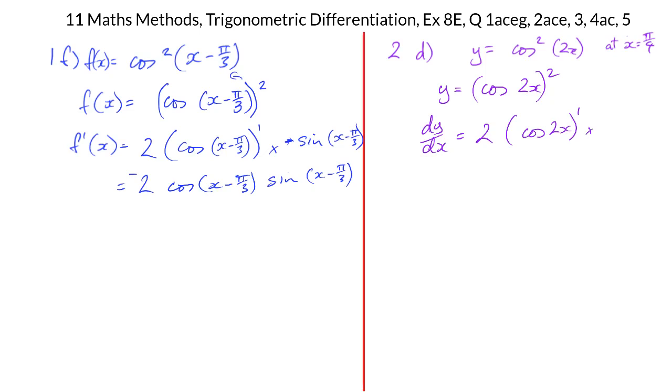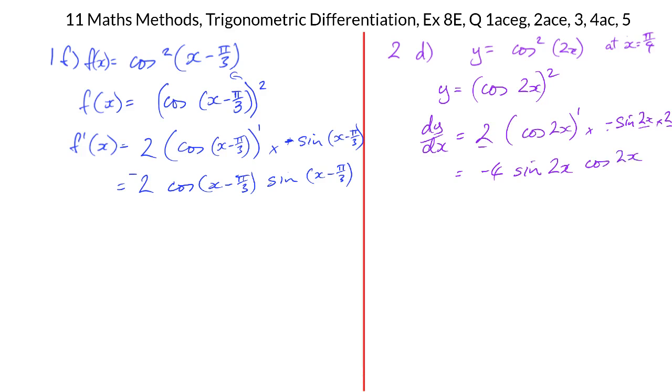The derivative of cos 2x is negative sine 2x times by the derivative of the 2x, which is 2. So I end up with a 2 times the 2 times the negative gives me negative 4 sine 2x, and because cos 2x is to the power of 1, we no longer need those brackets.